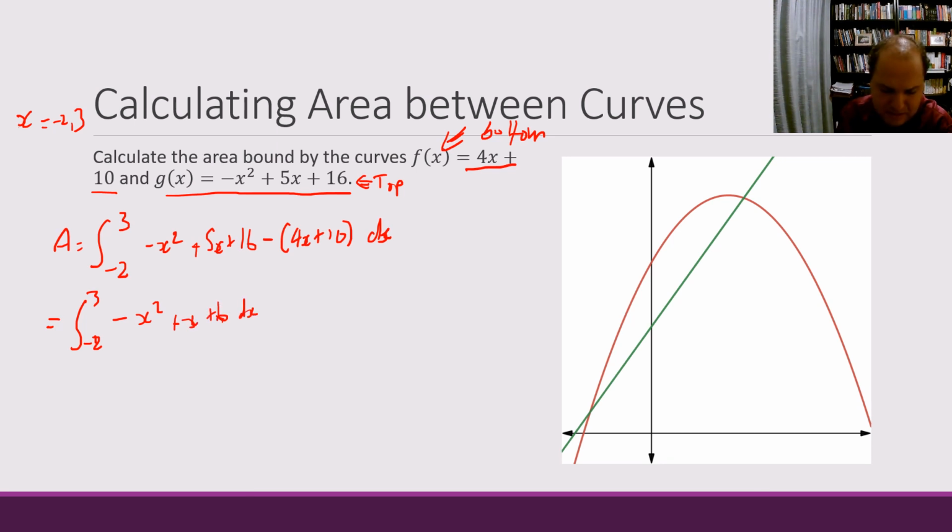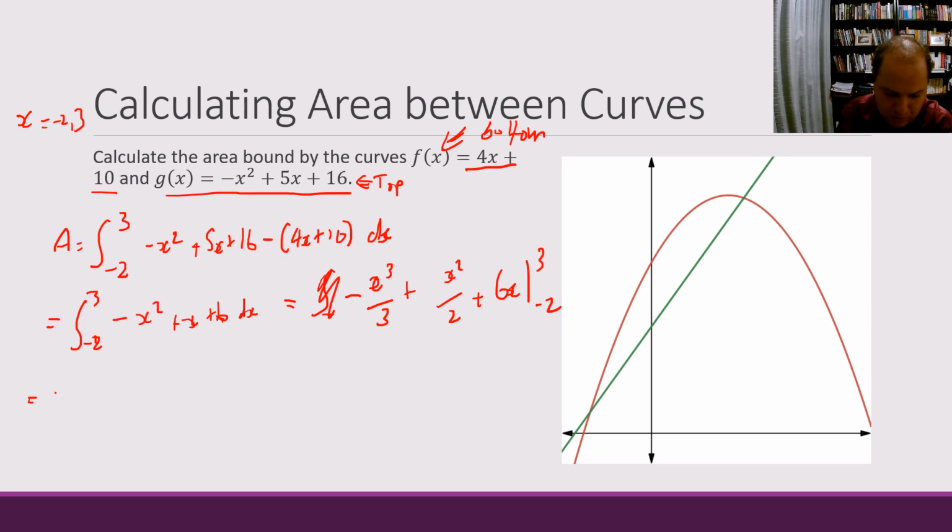Now we can integrate that. It'll be -x cubed on 3 plus x squared on 2 plus 6x between 3 and -2.